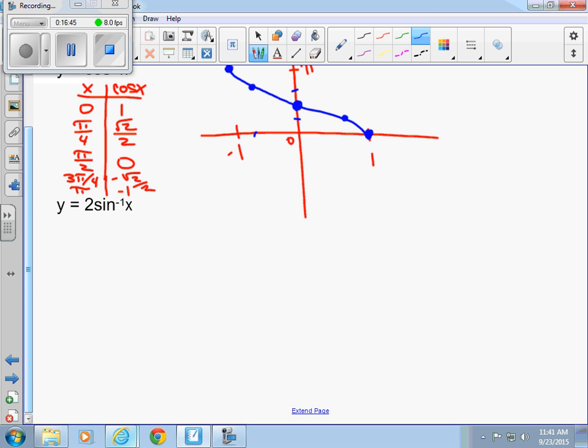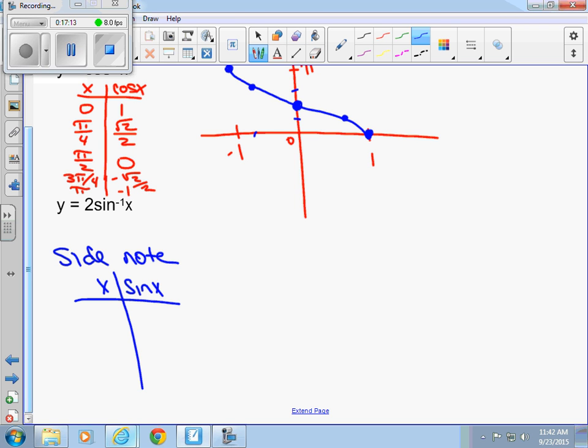Okay, so now let's talk about sine inverse and then what we do with two sine inverse. Before I graph two sine inverse, I'm just going to graph plain sine inverse. Side note, think about the graph of sine of x.